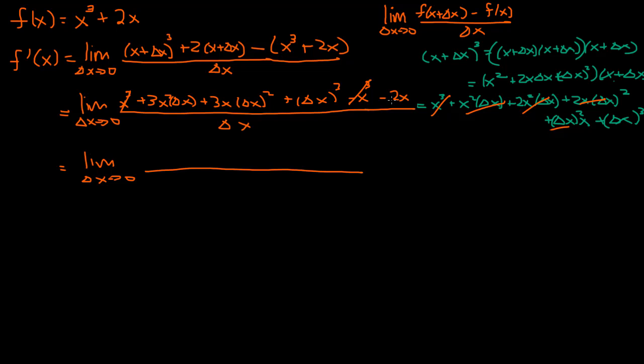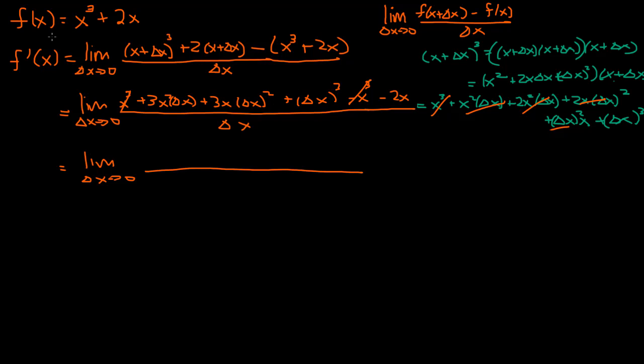What's going to happen with that 2x? Oh, I missed a part. Okay, I made a mistake, guys. Again, I made a mistake here. Right here, I did this and put it right here. I forgot to do the 2x plus 2 delta x.